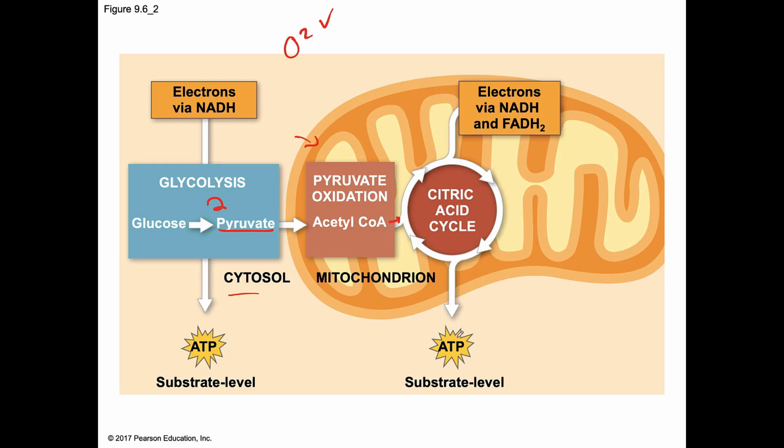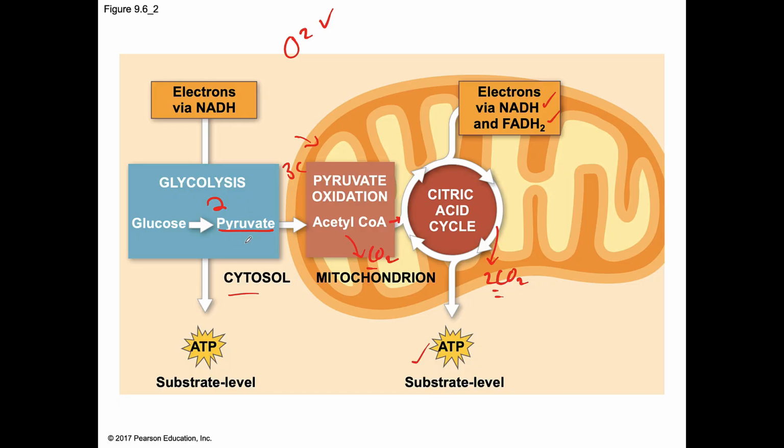And in the citric acid cycle, we're going to generate some more ATP. We're going to make some energy storing molecules like NADH and FADH2. We're also going to completely break pyruvate down into carbon dioxide. So we're going to lose a carbon dioxide here, and then we'll lose 2 carbon dioxides here. Remember that pyruvate has 3 carbons, 1, 2, 3. By the time we have lost those 3 carbon dioxides, the carbons from the pyruvate are completely broken down.